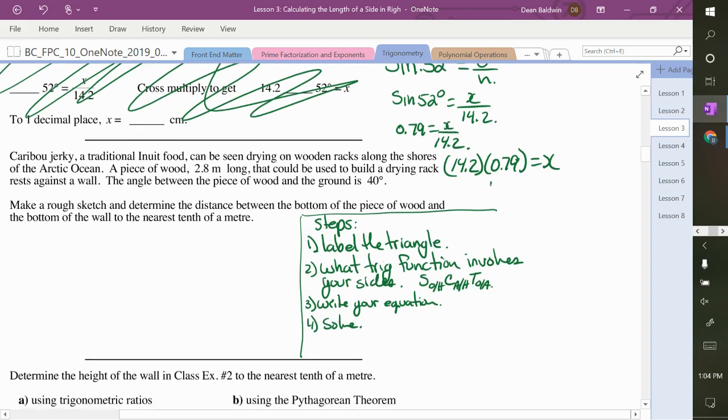So we get X is equal to 11.22. Is that okay? This process is what you do every single time. Okay?